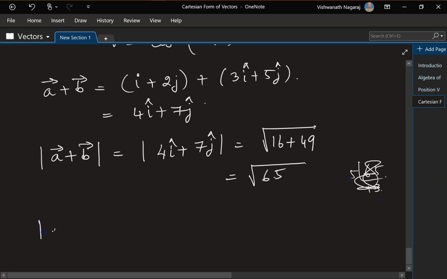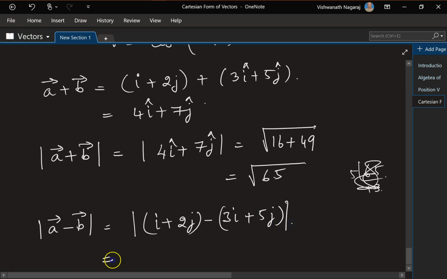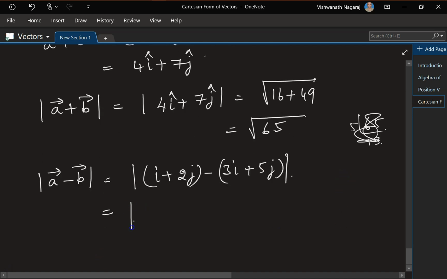What about subtraction? This would be the magnitude of i plus 2j minus, let's put it in brackets, 3i plus 5j, which would be equal to i plus 2j minus 3i minus 5j.